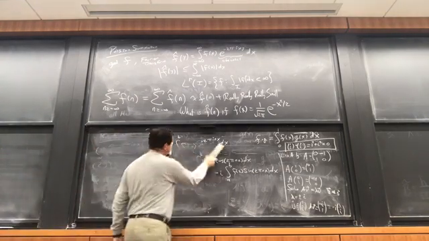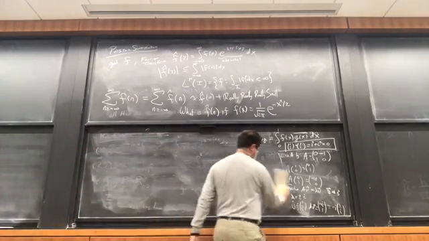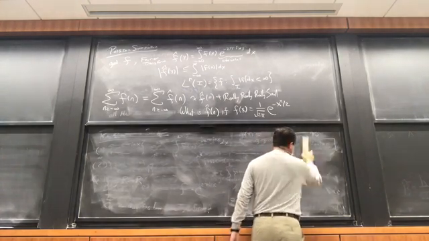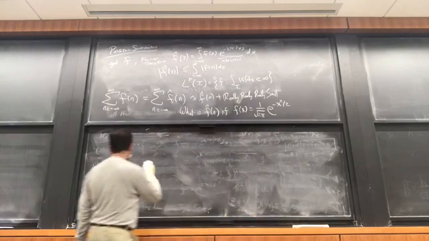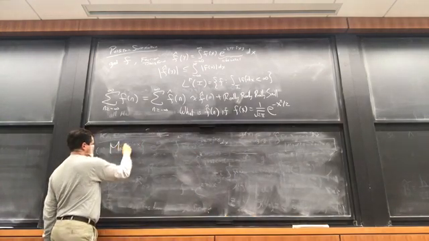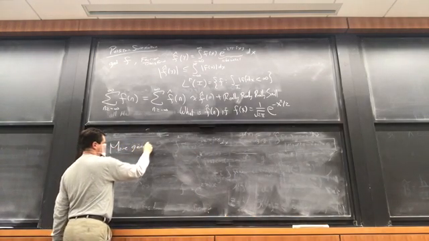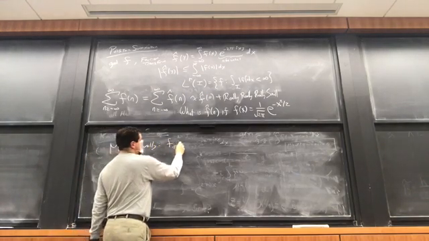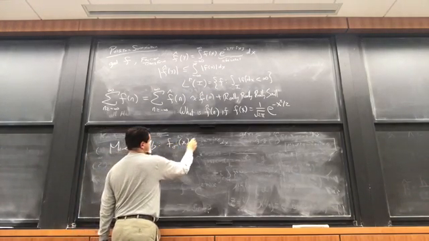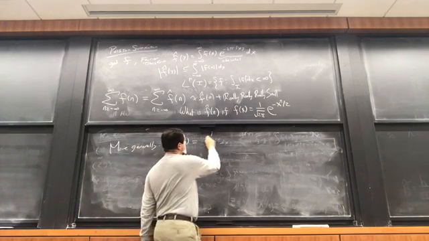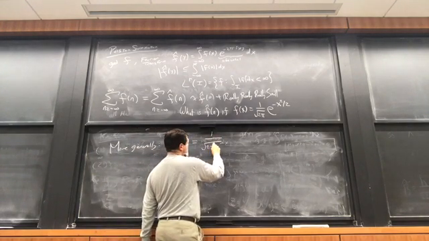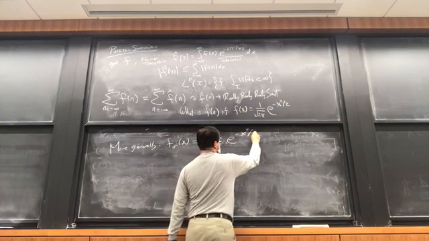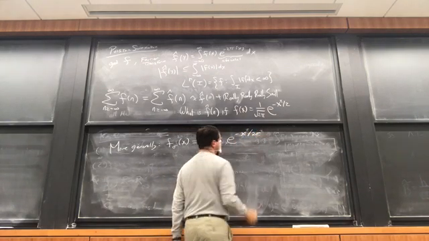But maybe that function is not quite the right thing to study. Maybe I want more generally f sigma of x is 1 over square root of 2 pi sigma squared e to the negative x squared over 2 sigma squared.